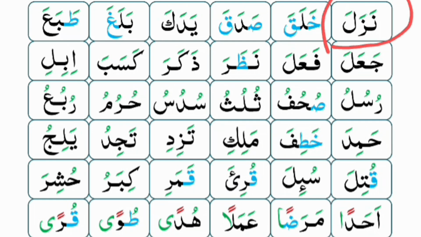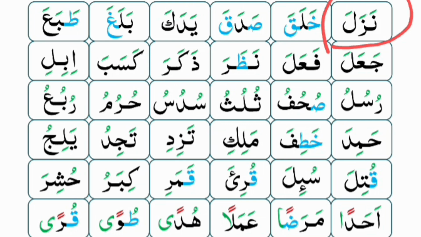Now the first letter of this word is noon. As you see, the first letter of this word is noon. Noon has a fatha sign, so it sounds like na. Noon fatha na. The next letter of this word is za. Za is pronounced hardly. Za also has a fatha sign, so it is za.